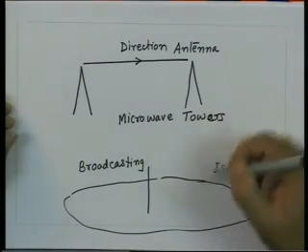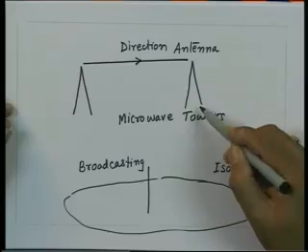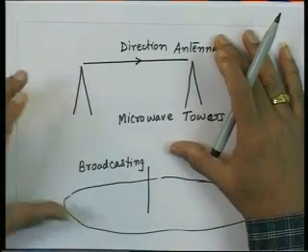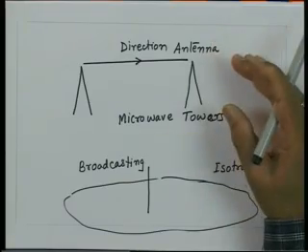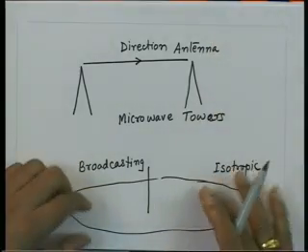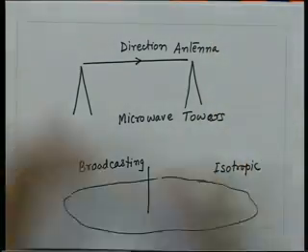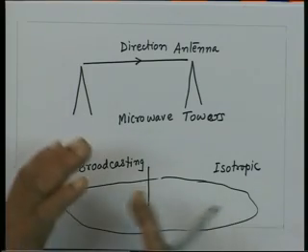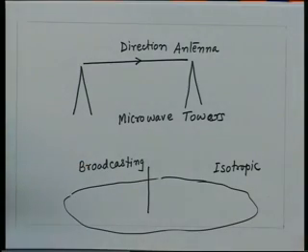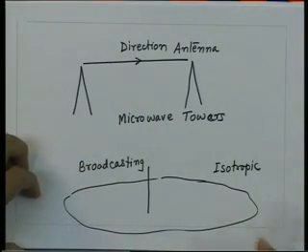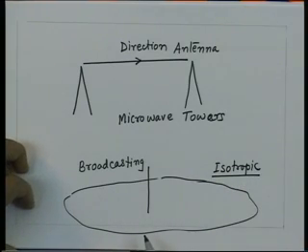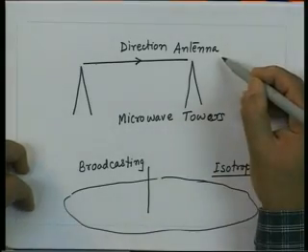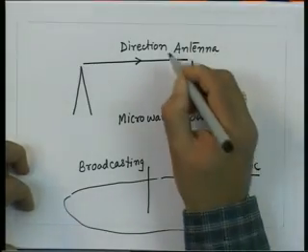So, depending upon the situation, I may require an antenna which is very directional. That means it has strongly preferred direction for putting the power, or I may require an antenna which does not have any preferred direction, so that the power goes uniformly in its surrounding. So, in broadcasting application I will get an antenna which is isotropic, which is non-directional, whereas for microwave tower kind of application I will get an antenna which is highly directional antenna.